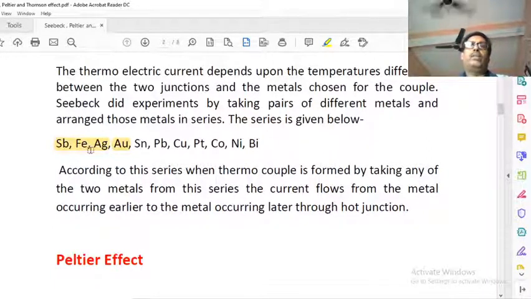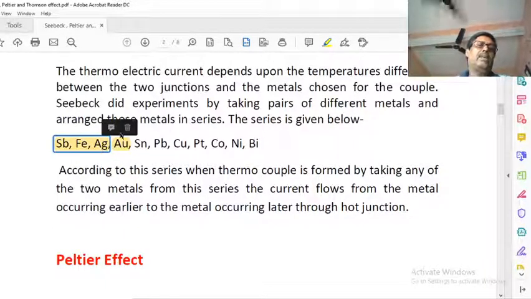So when you see the thermocouple, first you see what the metals are, and among the two, which one comes earlier in the series. For example, here you can see Fe and Cu. Fe comes first.